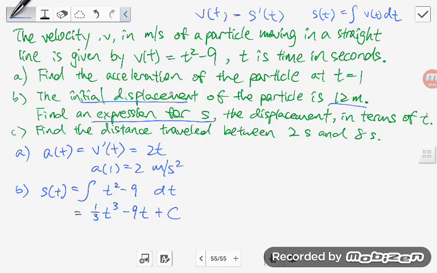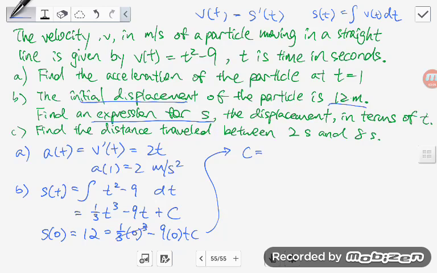However, it says the initial displacement, meaning my s of 0 is equal to 12. So I'm going to substitute the values in there: one third times 0 cubed minus 9 times 0 plus c. So my c is equal to how much?